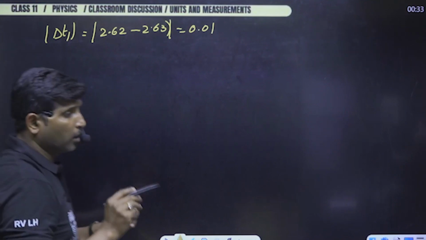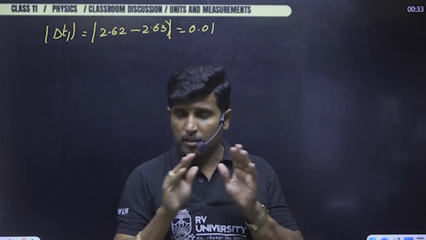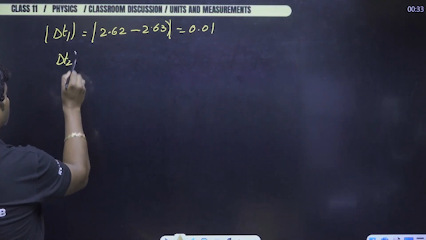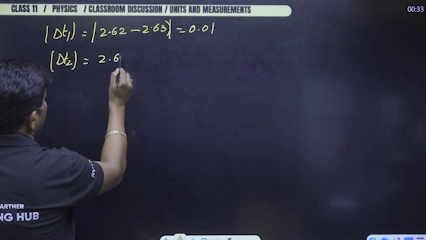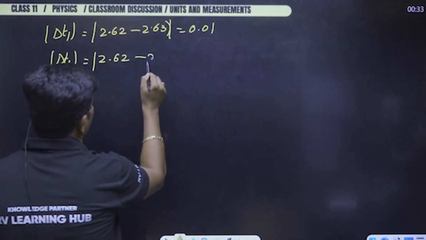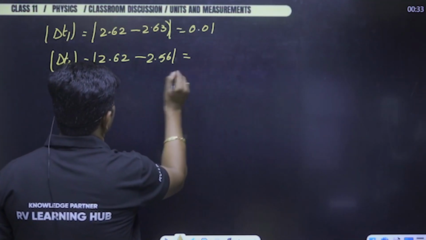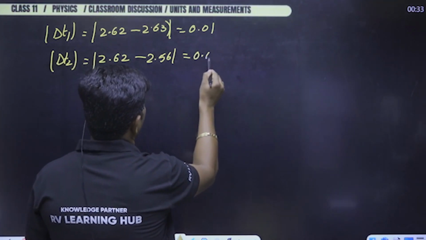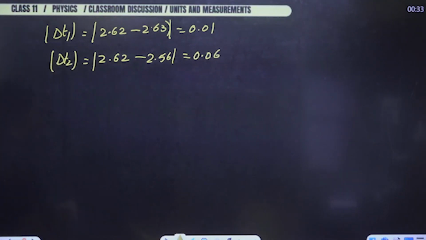You have to take only the magnitude. You should not consider the negative sign in the error. Similarly, delta T2 becomes equal to 2.62 minus 2.56. If we do the calculation, you will get the answer as nearly 0.06.